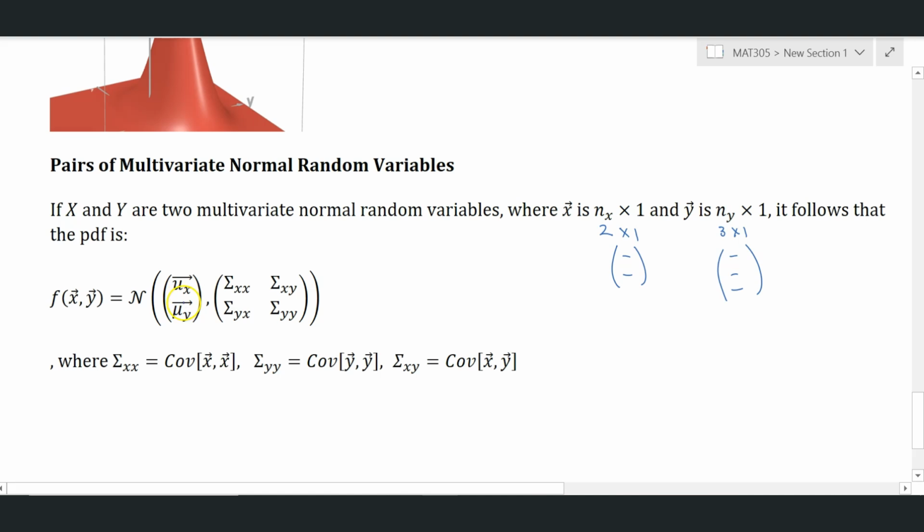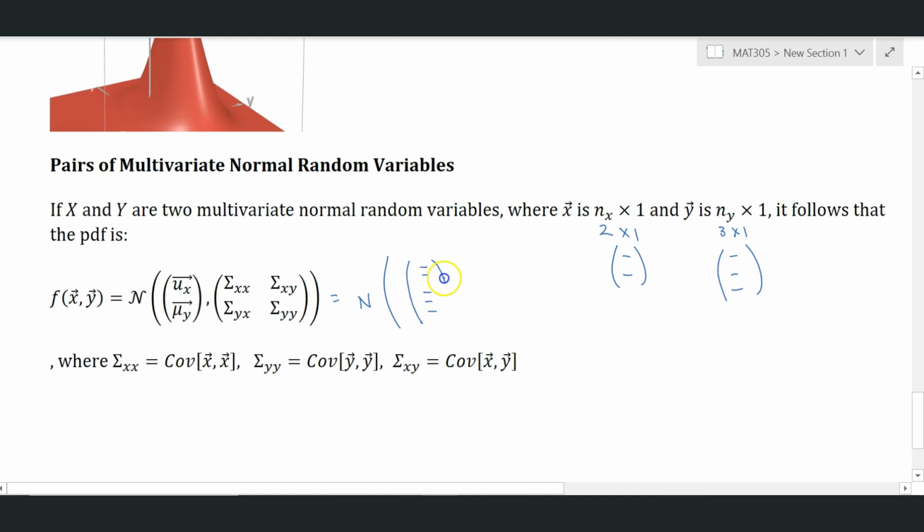And so if you think about what this would be, this normal distribution, I'm not going to write out the PDF of it because it does get a little cumbersome, but the mean vector would contain mu sub x, well, that would be 2 components, and then mu sub y, well, that would have to have 3 components.